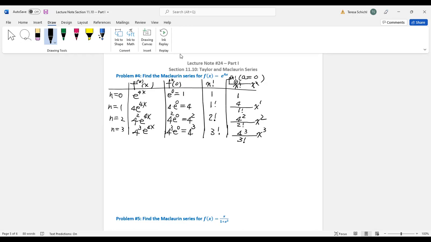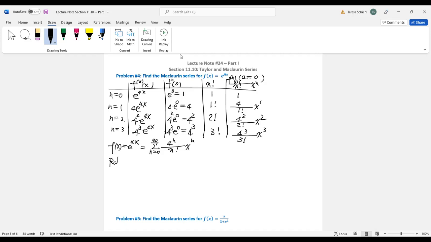Okay, so now I can rewrite f of x equal to e to the 4x here. I can write this as the summation from n equals 0 to infinity of 4 to the n over n factorial, x to the nth power. Okay, and now we can find the interval of convergence here.